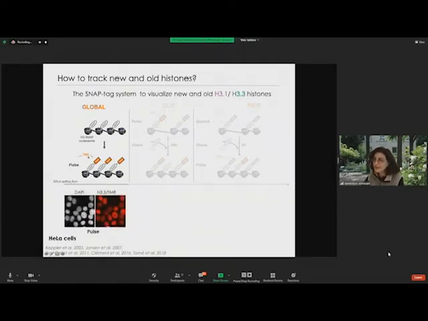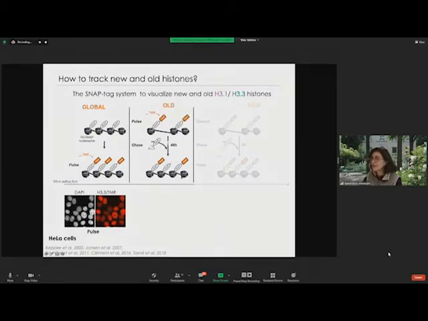And what is nice is that you can do a pulse and it's also a permeable dye, and you see the labeling of your cells. But you can also play with the system by pulsing first the histones and then you chase, which will then enable cells to synthesize new histones that will not be labeled. And in that case, what you see is the old histones that were present at the beginning of the experiment.